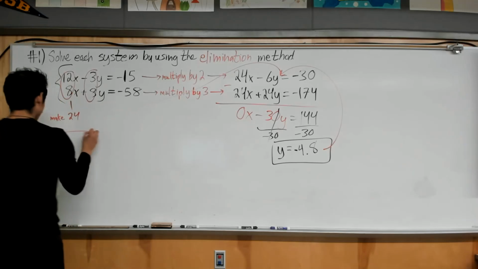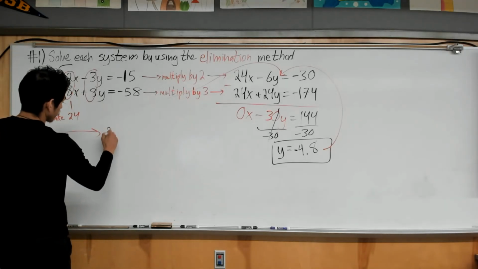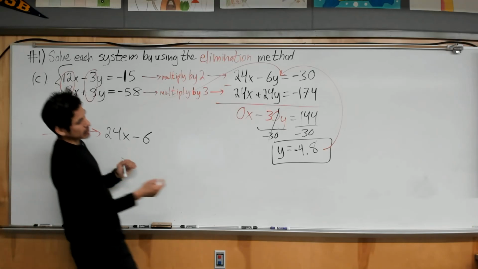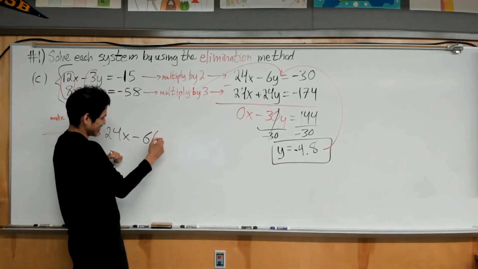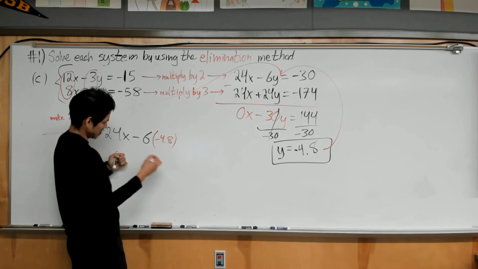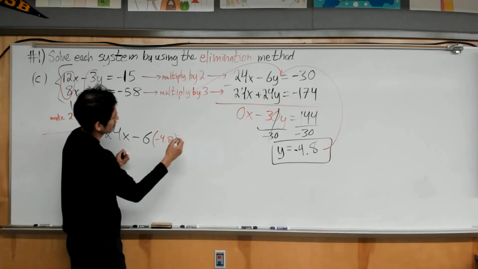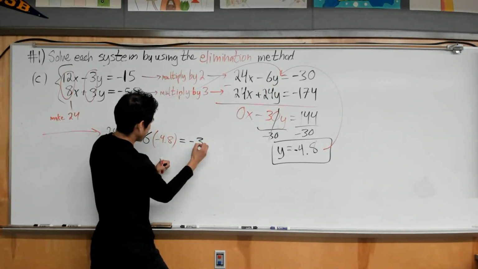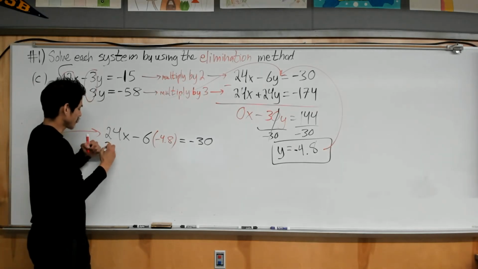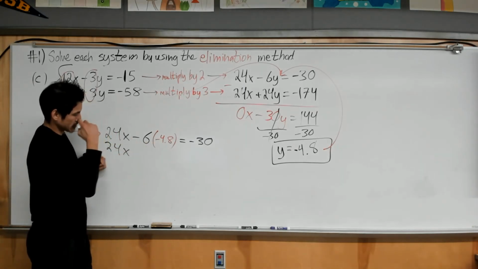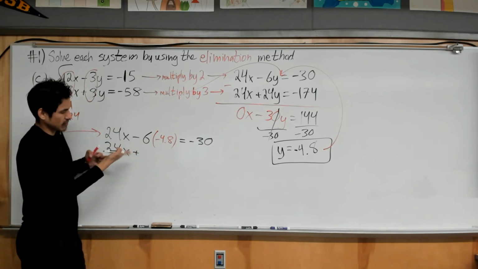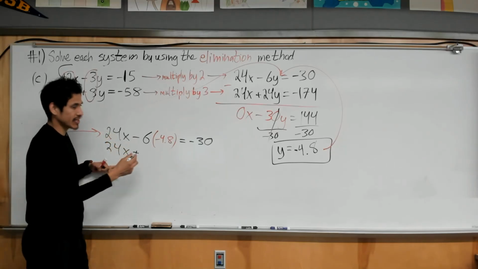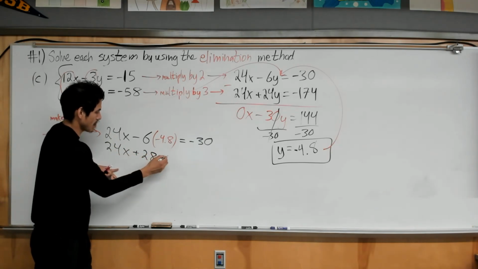So we'll get 24x minus the 6 times the -4.8 is equal to -30. So 24x plus 6 times 4.8, which is 28.8, is equal to -30.